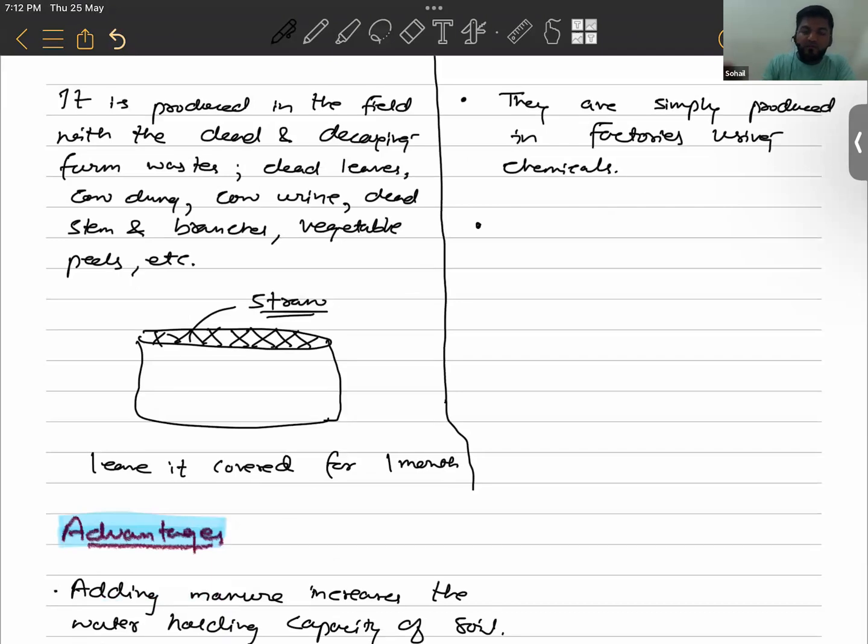So when fertilizers are being produced, a very small amount of raw materials is required. You don't need to take a bulk amount of organic waste here. You just require a lesser amount of chemicals, or we can say raw materials.